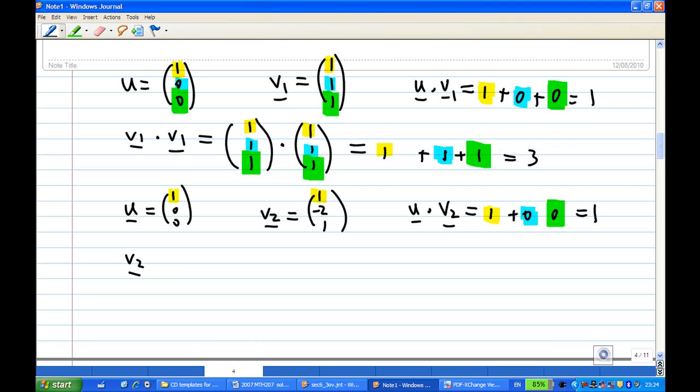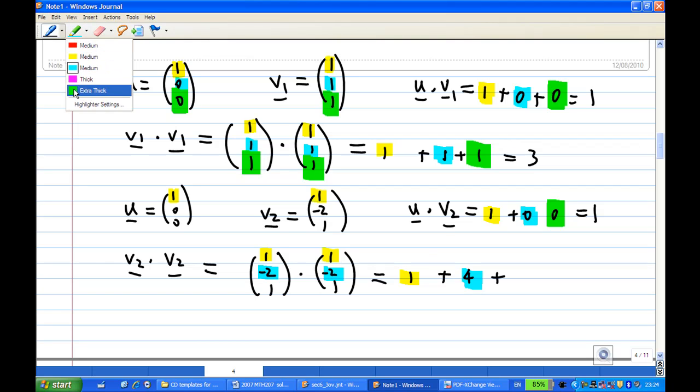And we want to find V2 dot V2, which is (1, -2, 1) dot (1, -2, 1). So 1 times 1 gives 1, minus 2 times minus 2 gives 4, and 1 times 1 in the third component gives 1 again. So in total you get 6.